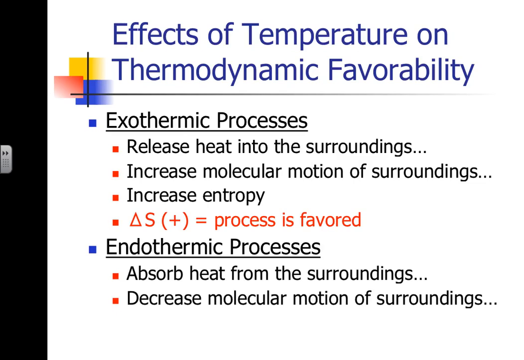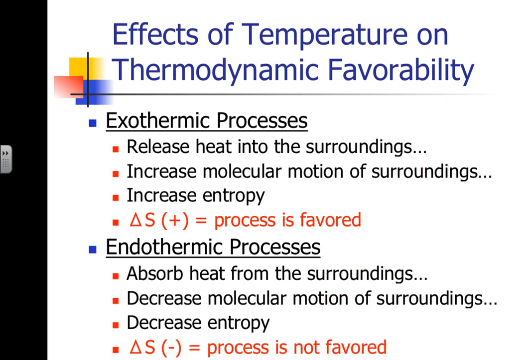That actually decreases the molecular motion of the surroundings, and it will decrease entropy. As you guessed, the delta S value will come out negative, and it's a process that is not thermodynamically favored. So negative delta H means exothermic. Negative delta H goes with positive delta S. We do a little opposites attract kind of thing.